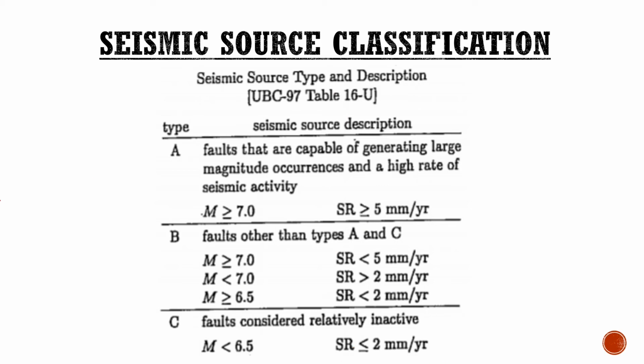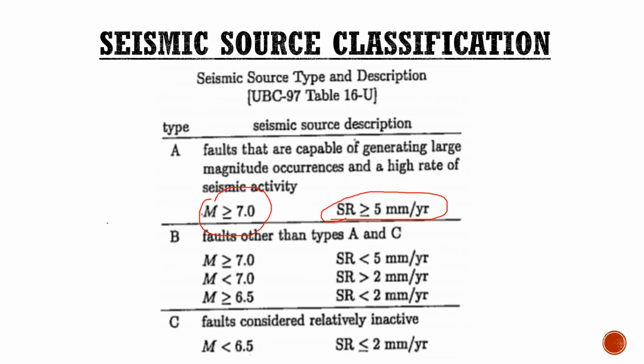So ang gina-expect kung i-type A nimo, ang magnitude is more than or equal to 7, and with the slip rate greater than or equal to 5 mm per year, ang pag-move sa yuta.